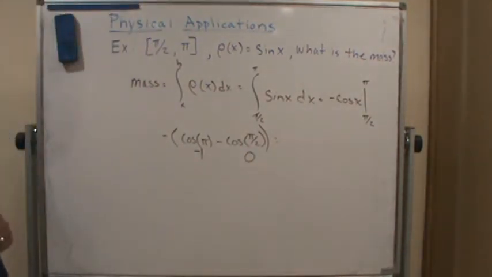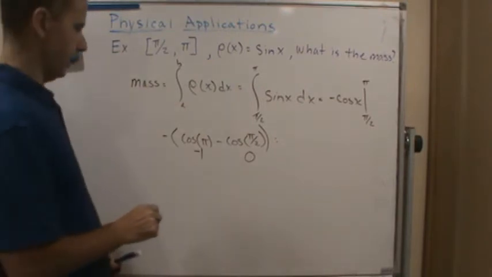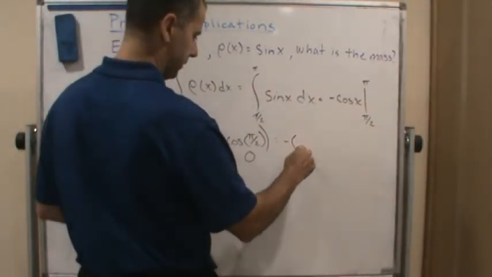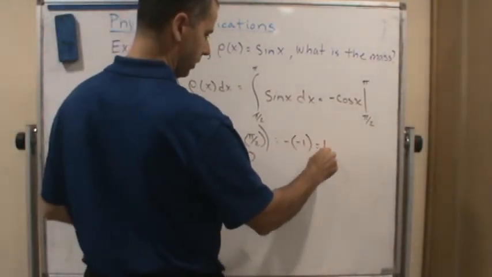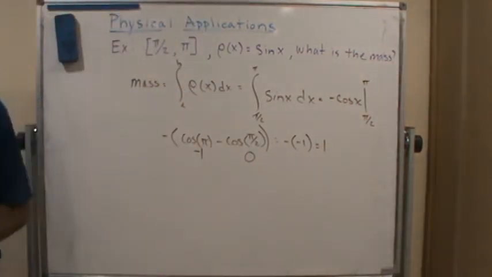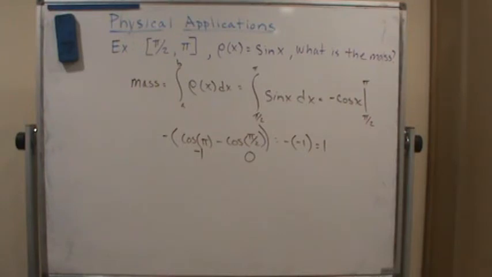Zero. And so this becomes the opposite of negative 1, which is 1. Now we don't have any units, but the mass is 1.